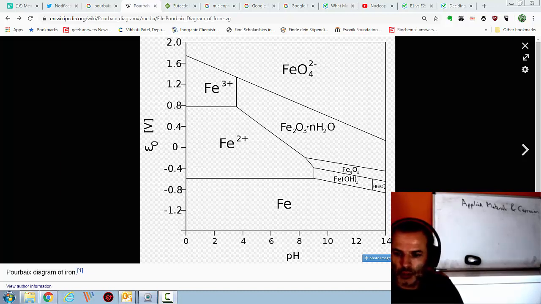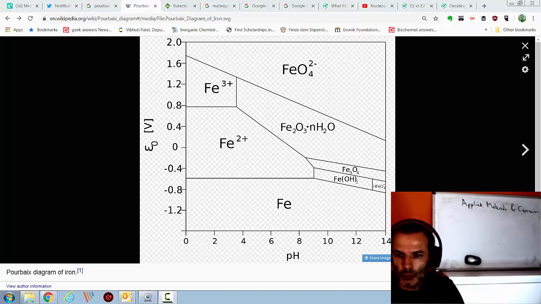If we hold it at a potential of 0 volts, it will dissolve into the solution as ion 2+, and this is assuming that we have infinite solution. So if we sit at 0 volts forever, we will get only soluble ion 2+ as our product. If we go higher in voltage, if we make it more positive, we'll form iron oxides instead.